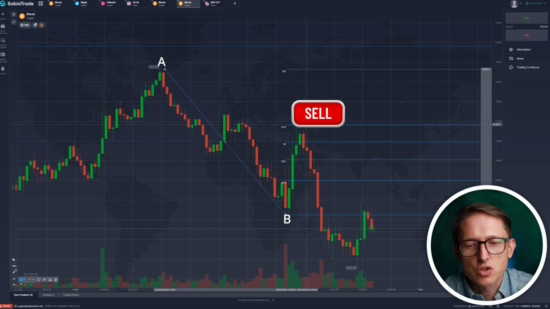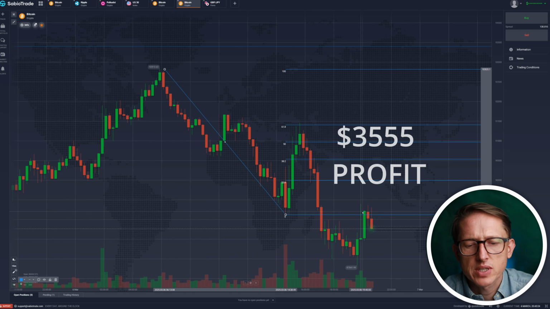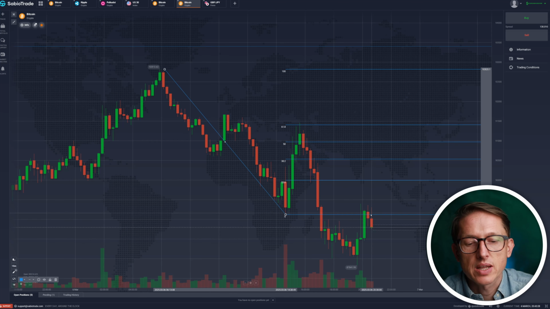And look at this drop from 91,400 all the way down to 87,845. Beautiful, strong move. And what's happening here? Look at the reaction. So you take your profits, beautiful 3,500 profits, and then the market struggles again at this level.